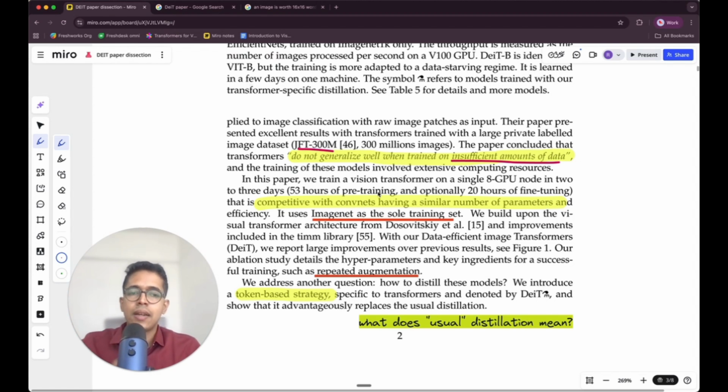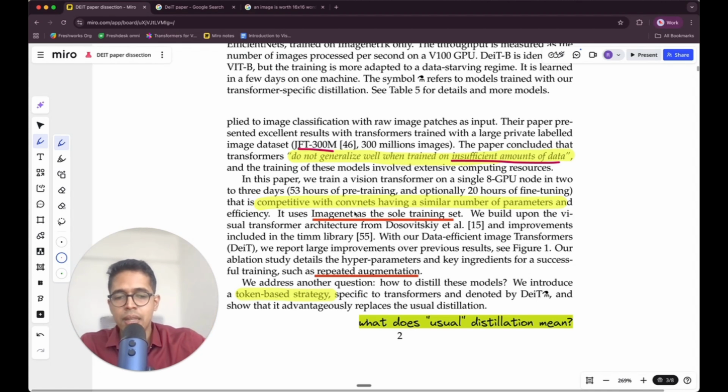So basically, they are claiming that the Vision Transformer this paper is training is fast to train, and the training time and efficiency is comparable to convolutional neural networks. It uses ImageNet 1K as the sole training set. We build upon the visual transformer architecture and improvements included in the TIM library. What is TIM library?